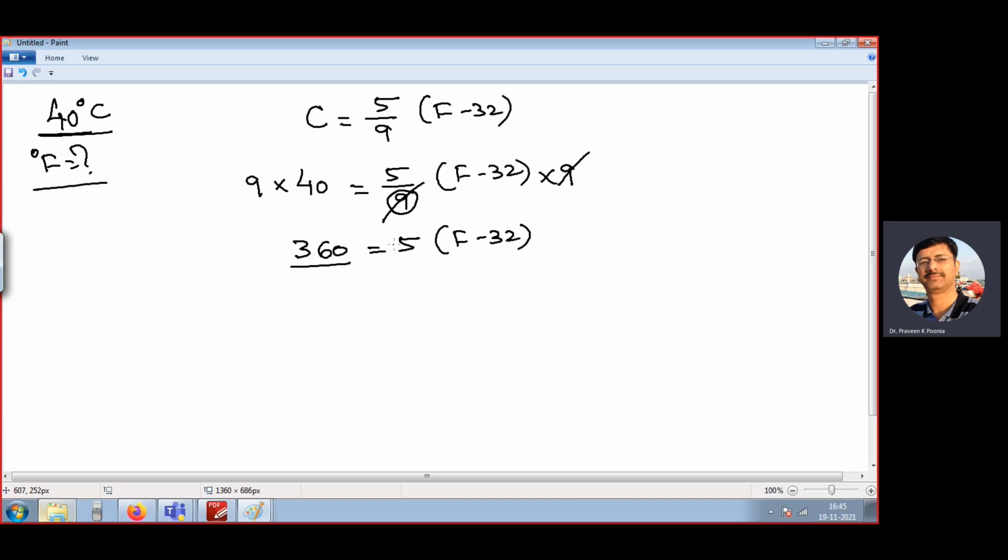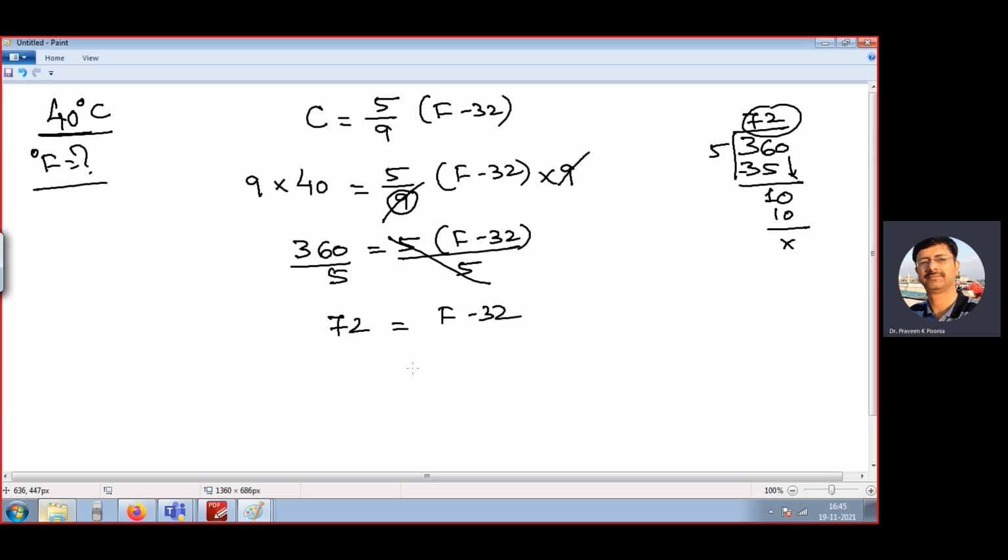Now divide by 5, this 5 cancels. If you divide 360 by 5, 5 times 7 is 35, 36 minus 35 is 1, bring the 0 down, 5 times 2 is 10. So the answer is 72. So 72 is equal to F minus 32.